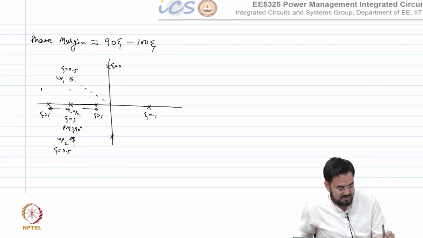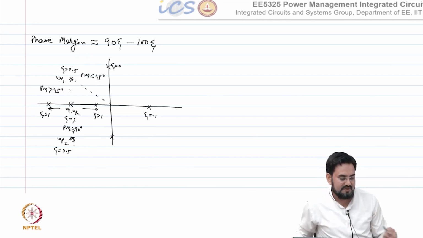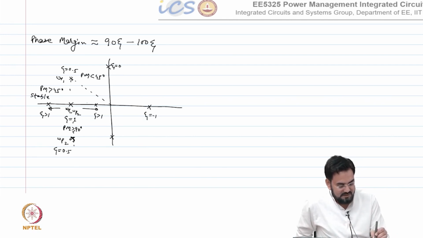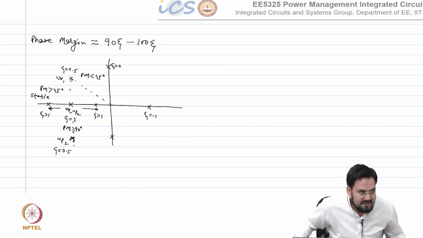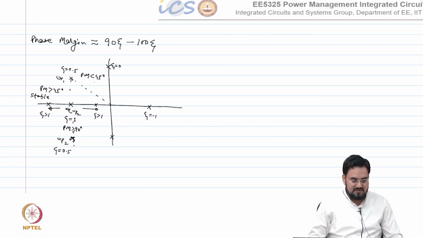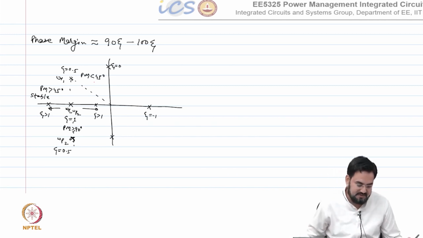So, in this region your phase margin is greater than 45 degree, in this region your 45 degree, and this is considered stable, and this is usually below 45, even though it is stable, I already mentioned, we do not consider it stable, it is marginally stable. So, usually we do not design any system with less than 45 degrees phase margin.